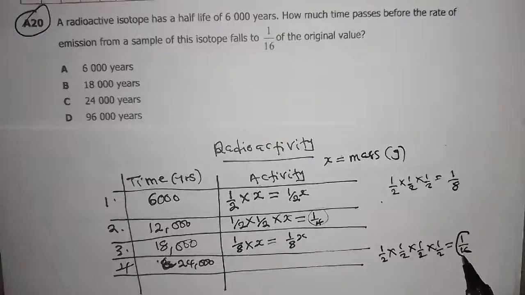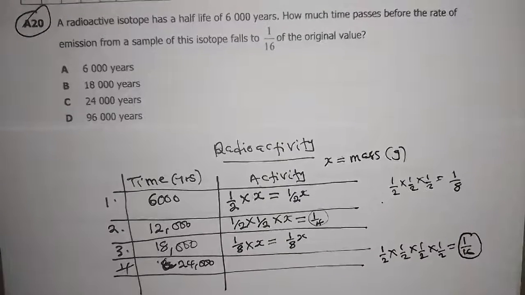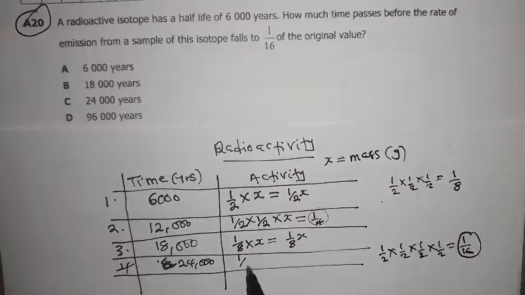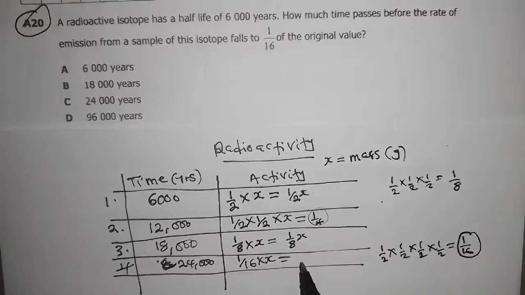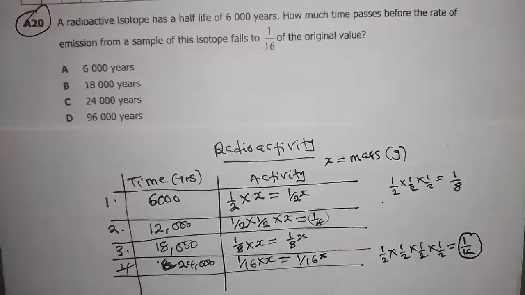The moment you reach this number, which is the number they hinted at, you need to stop. So it is 1 over 16 of x, the original value.